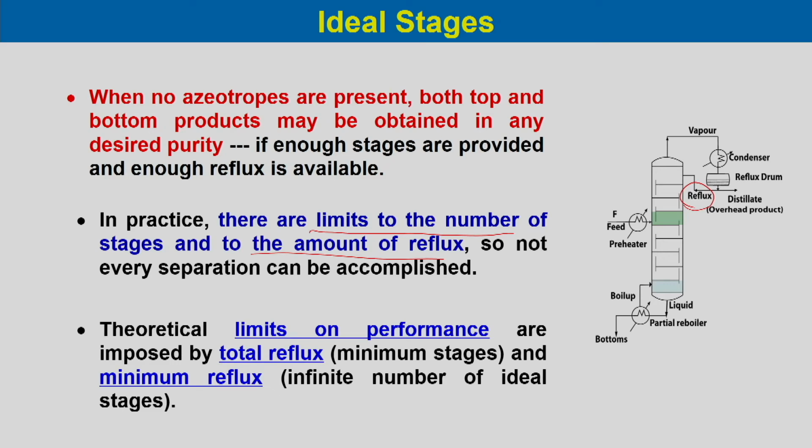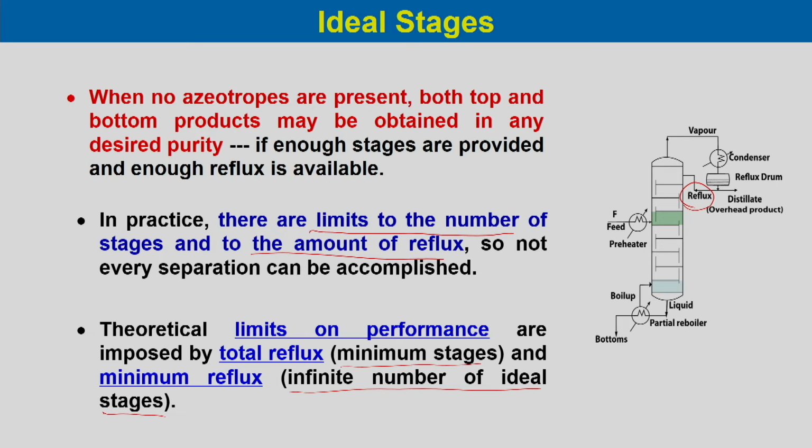Theoretical limits of performance are imposed by total reflux, that is minimum stages, and minimum reflux, that is an infinite number of ideal stages. We will discuss total reflux and minimum reflux later.